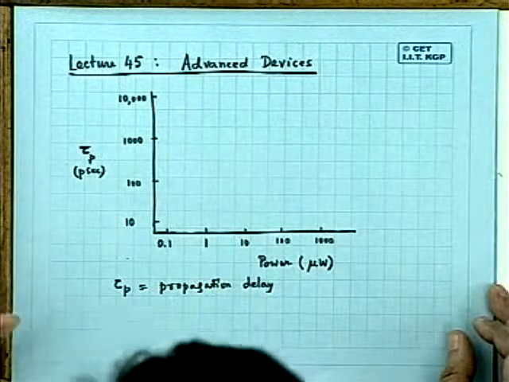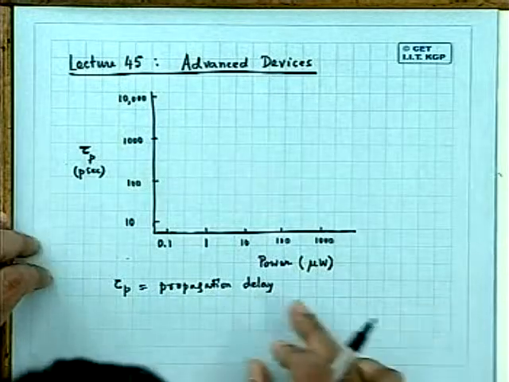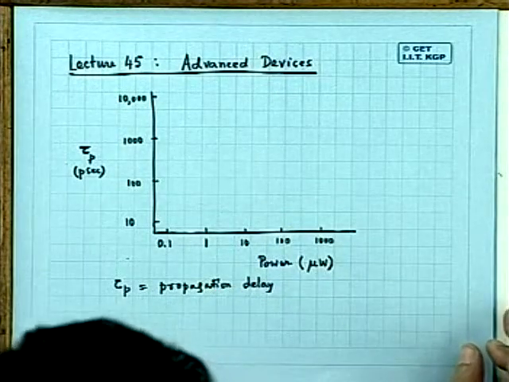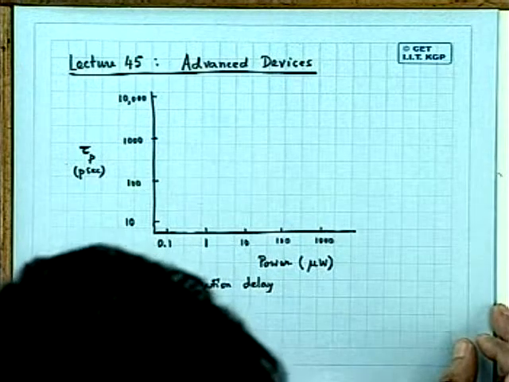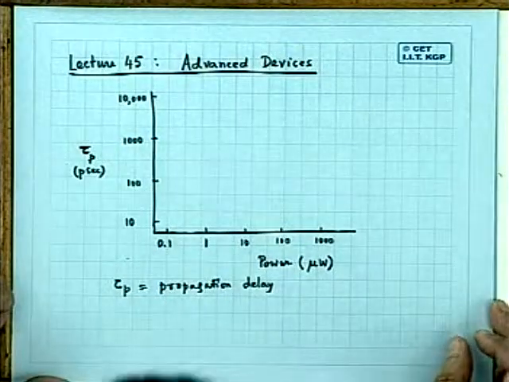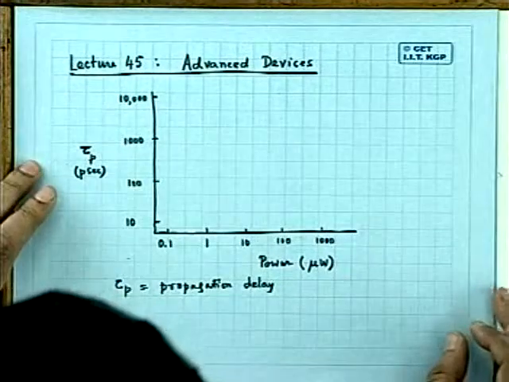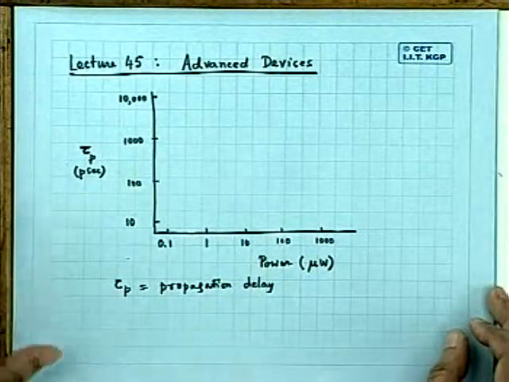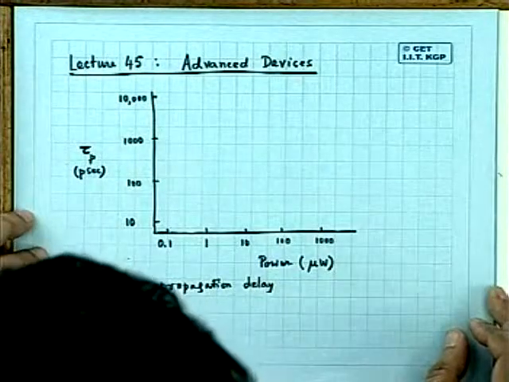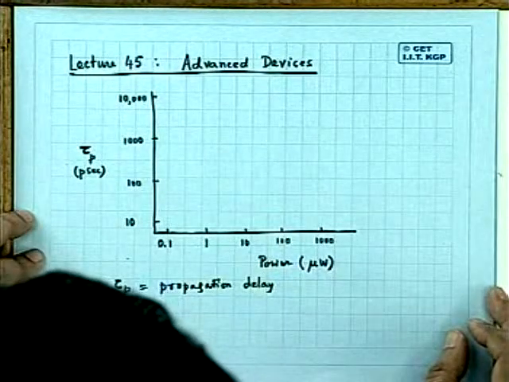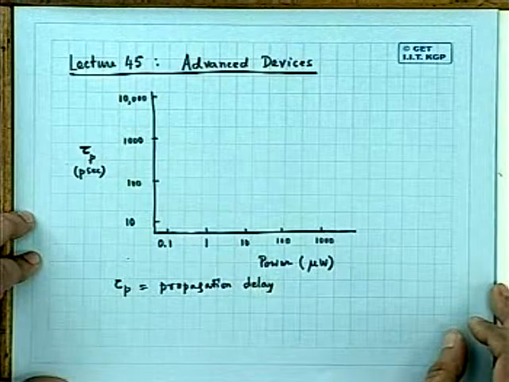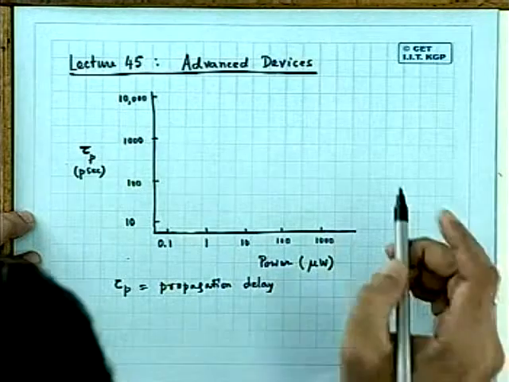The y-axis is propagation delay, and this is the power, for very advanced kinds of devices beyond the normal MOSFETs and bipolars. I'll still show the conventional devices, and how they are positioned here. For example, to start with bipolar, you know that ECL is the fastest.